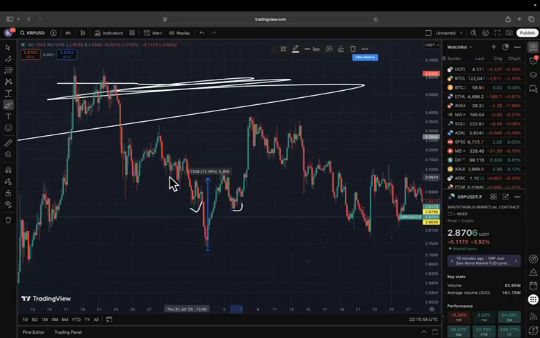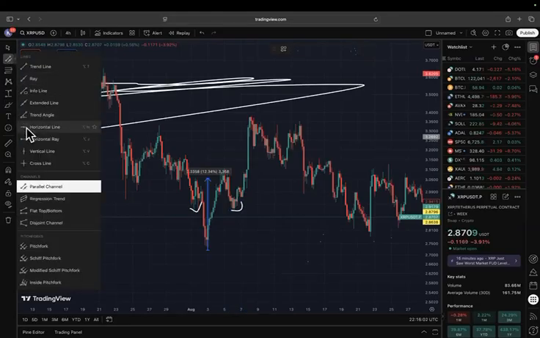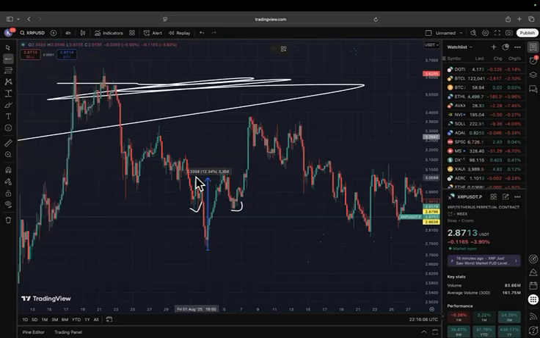Like I said, I'm not sure that's a total head and shoulders, but we're assuming that's your head and shoulders, and this was your neckline where price finally broke.